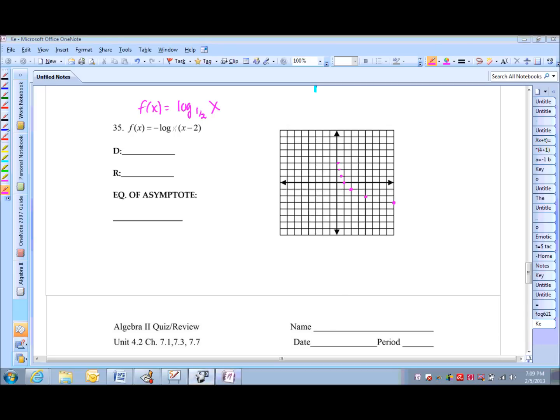Now looking at the transformations we're going to apply to this graph, this minus 2 inside with the x tells me I'm going to move right 2, and this negative out front means I'm going to reflect over the x-axis. So I take each point, I move right 2, and then reflect over the x-axis.